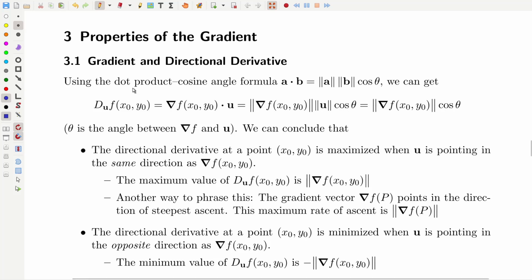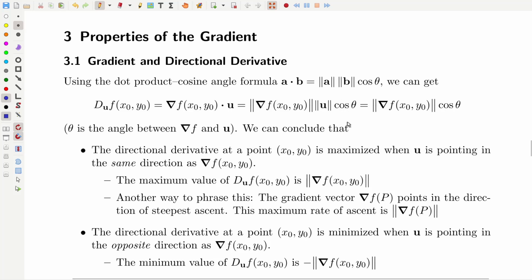Recall that way back in the beginning, we had this formula relating the dot product of two vectors to the cosine of the angle between them, right? Notice that we have a dot product in the definition for the directional derivative.